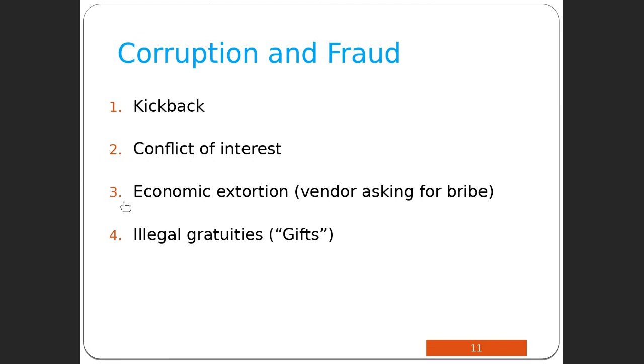The third situation is economic extortion. Economic extortion is when the vendor is asking for bribe. Now, this is a strange situation when the seller is asking for rishwa, is asking for bribe to sell it to the buyer. And this can happen when you have multiple buyers for the same item.